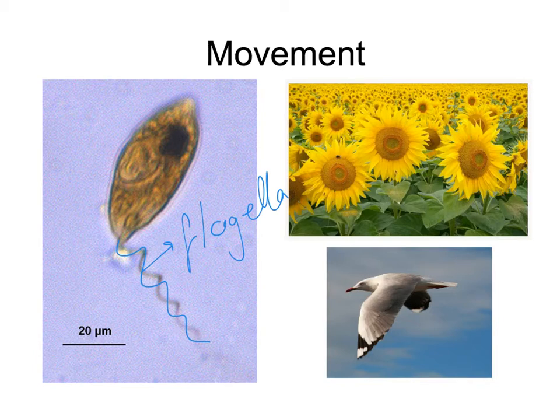Also, plants can move. They make phototropism or other kind of tropism. They can turn their head to the sun, and they can turn their roots to the water. Also, animals can make active movement like flying, like running, like other types of moving.